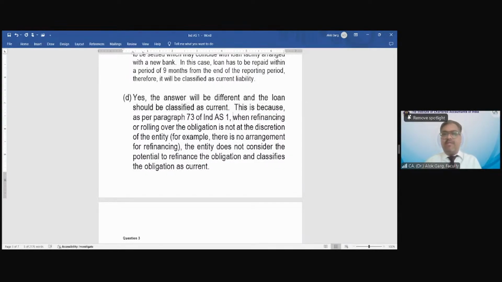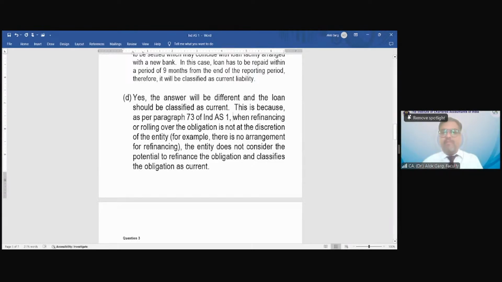This is because as per paragraph 73 of Ind AS 1, friends, you are not required to write down the paragraph in the exam. You are not expected to write the paragraph, but of course, it is ICAI official material, and wherever they felt that it is required, they have written this paragraph, but it is not required from the students.